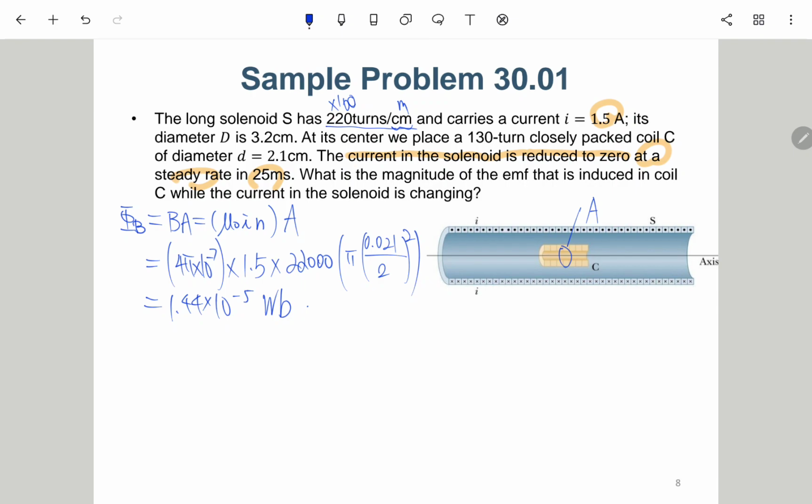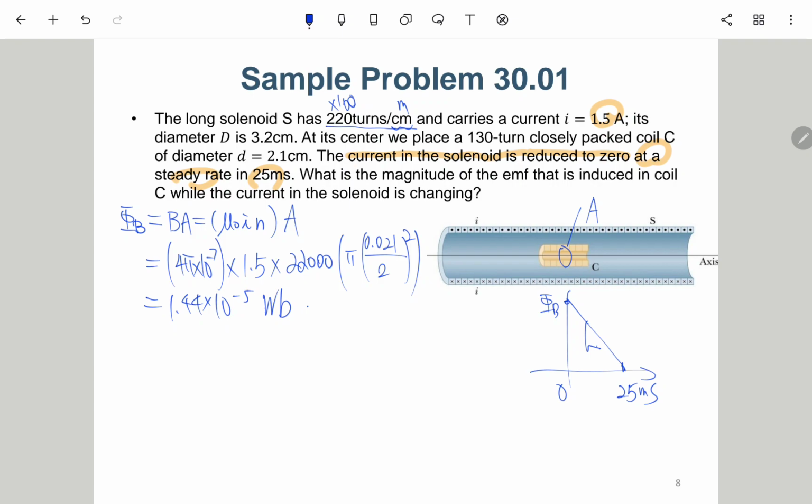And at 25 milliseconds, this magnetic flux will be 0 because there will be no current at 25 milliseconds. So in such a way, you can consider this is phi B at 0 seconds, and then at 25 milliseconds it reduced to 0. Okay, and then we need to consider the derivative.